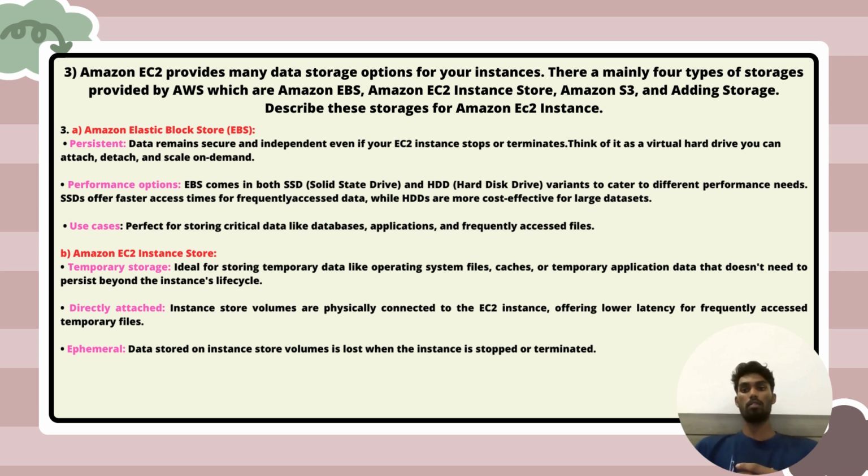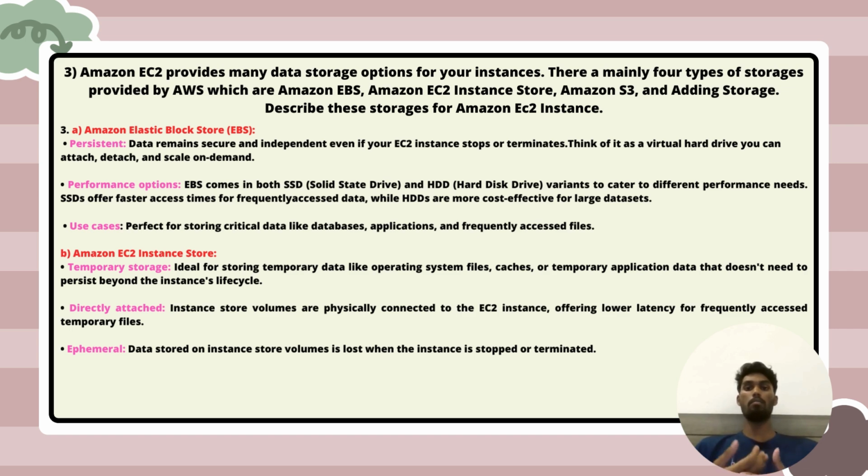So the first one, Amazon Elastic Block Store, which is EBS, is persistent. So data remains secure and independent even if your EC2 instance stops or terminates. So think of it as a virtual drive. So you can attach, detach, and scale on demand. So the second is performance options.